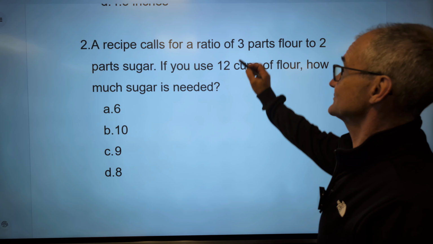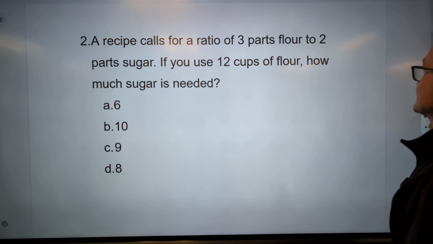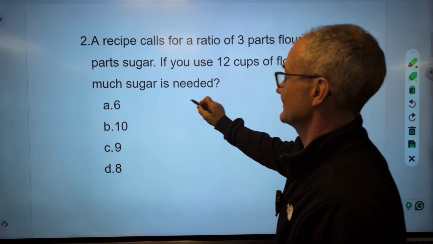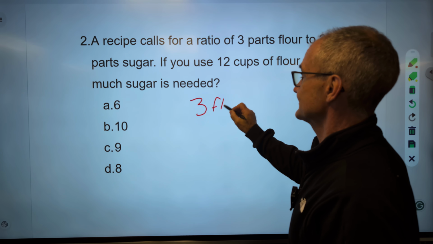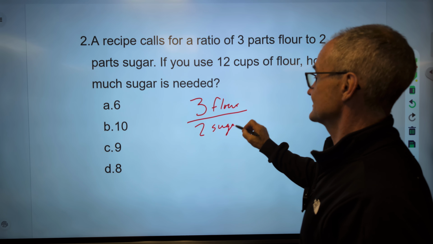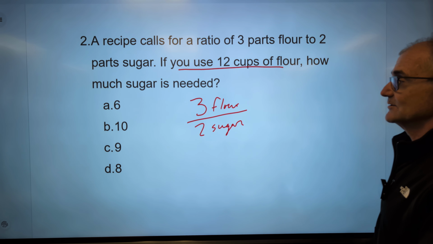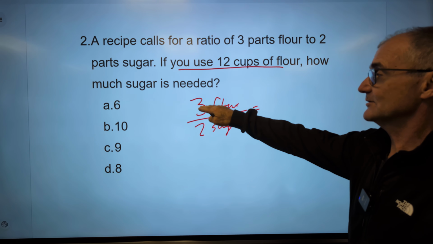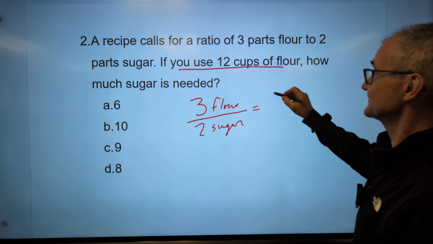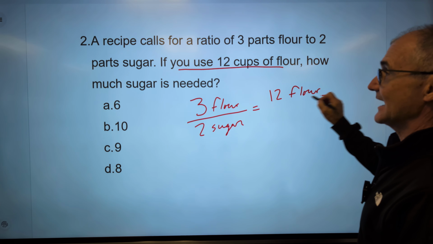A recipe calls for a ratio of 3 parts of flour to 2 parts of sugar. So I have 3 parts of flour to 2 parts of sugar. There's my ratio. If you use 12 cups of flour, well, where does that flour have to go? The units have to line up. So those 12 cups of flour have to go here. How much sugar is needed?